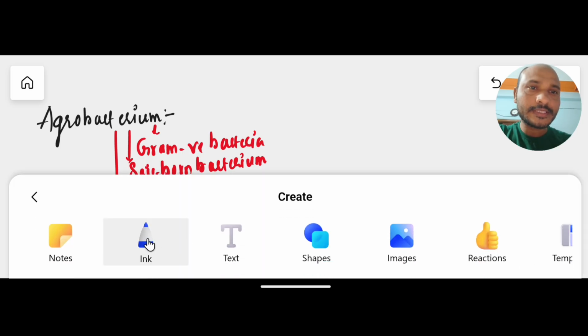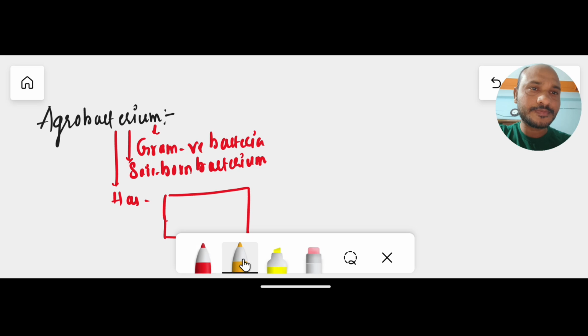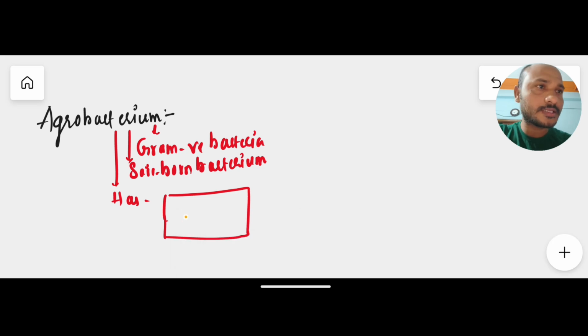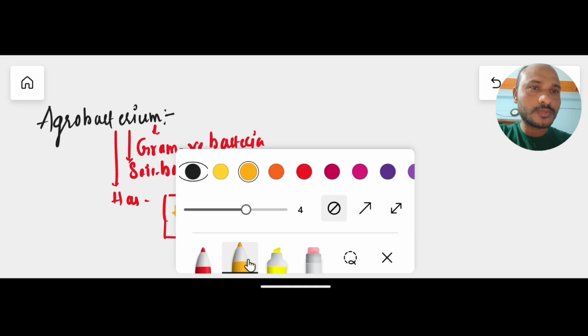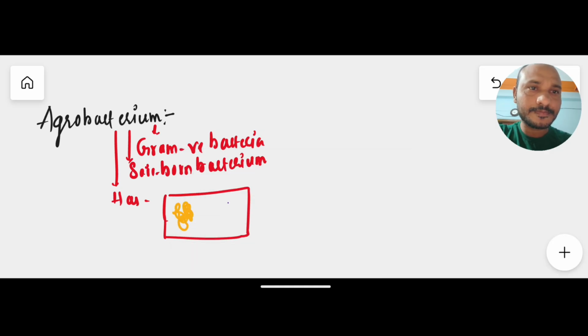In this bacteria, we have two important structures. The bacteria contains its own genetic material, like this, and also extra-chromosomal genetic material, like this. So the bacteria contains two different types of genetic material.